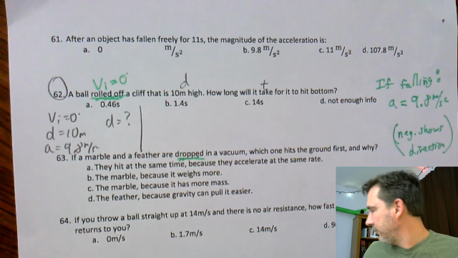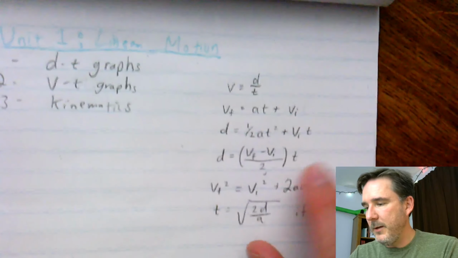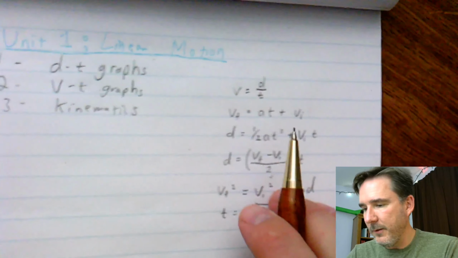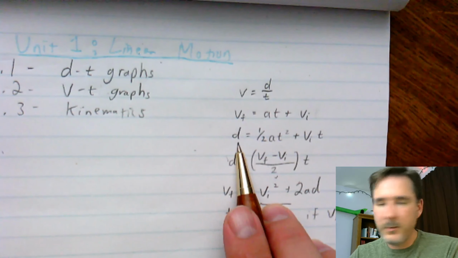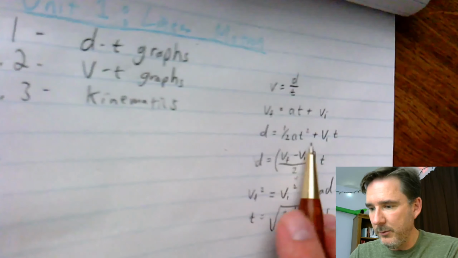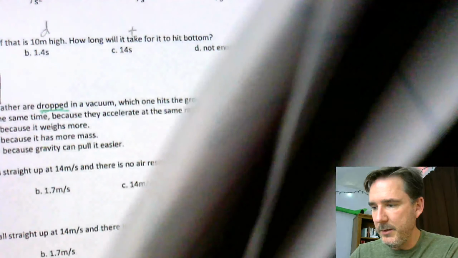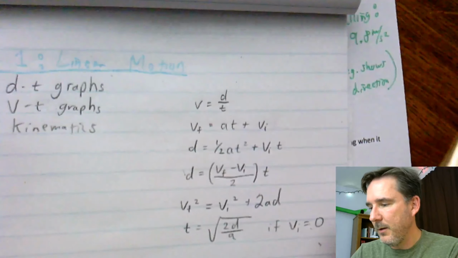So I don't have my equation sheet on me, but I do have them all written down. We've got VI. So we've got to look for what we're trying to find. We're trying to find distance. So maybe I'll check this one right now. Distance, yep, well, we're trying to find it. Acceleration, 9.8. The time, do we? We don't. Wait, we're not trying to find acceleration. We're trying to find time.